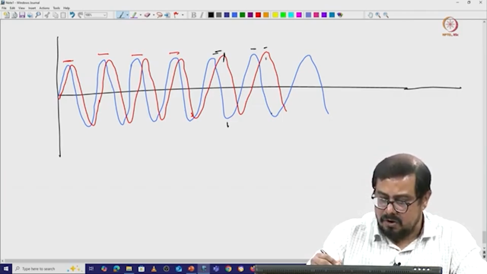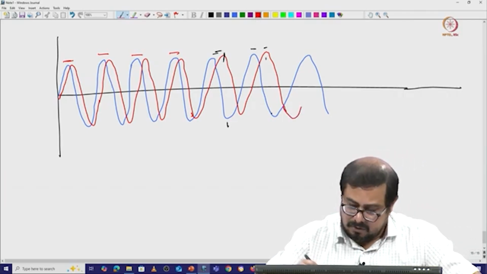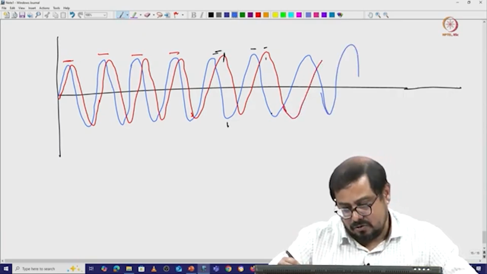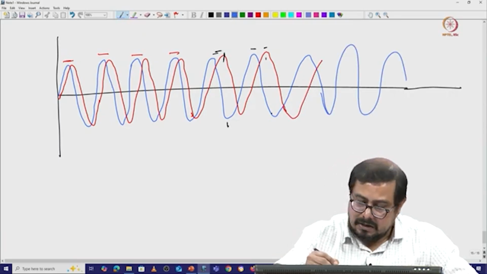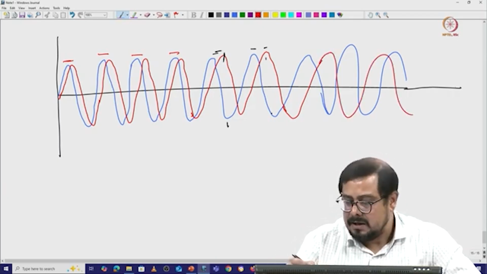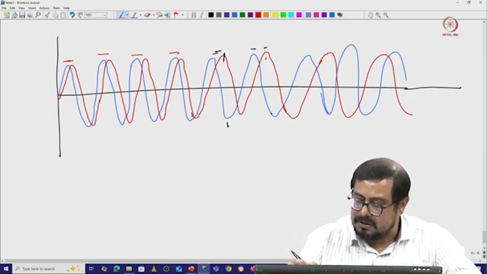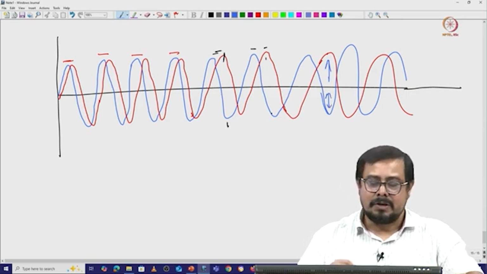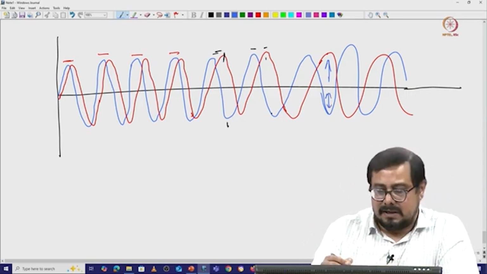If we keep going on like that, with this blue one and the red one, you can see that after a certain time both the waves, blue and red, are completely opposite to each other. So, what will happen in this particular case?